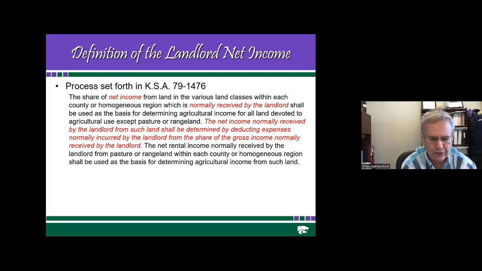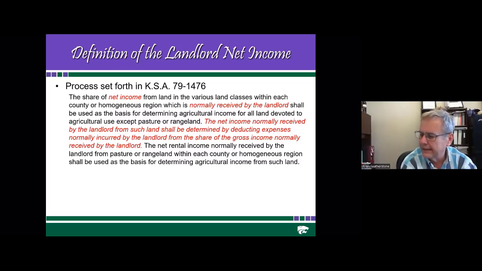We'll go over both of those. The net income normally received by the landlord from such land shall be determined by deducting expenses normally incurred by the landlord from the share of gross income normally received by the landlord. And so that "normally" process is pretty important.